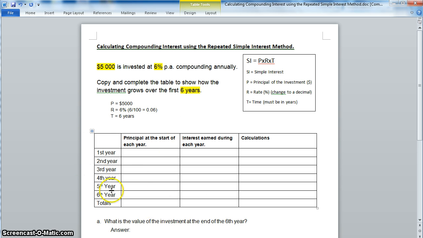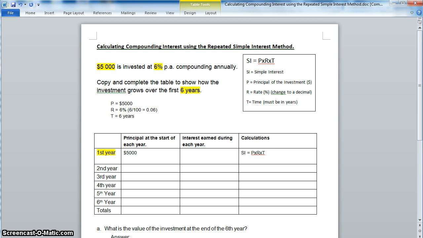So let's begin completing this table looking at the very first year, right here. Okay, so the very first year, you've invested $5,000. So the principal in the first year is $5,000. The next column says interest earned during this year. So we're going to go over to the calculations column here, and we're going to use the simple interest formula, which is P times R times T, to work out the interest for the first year.